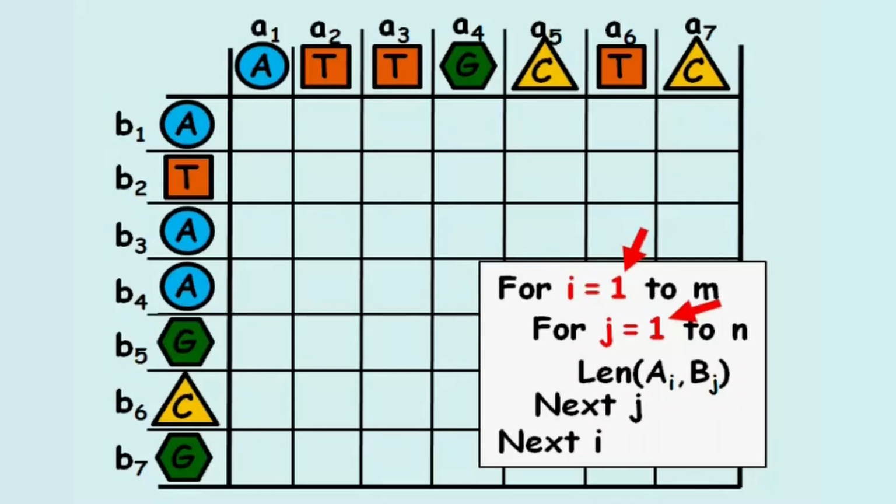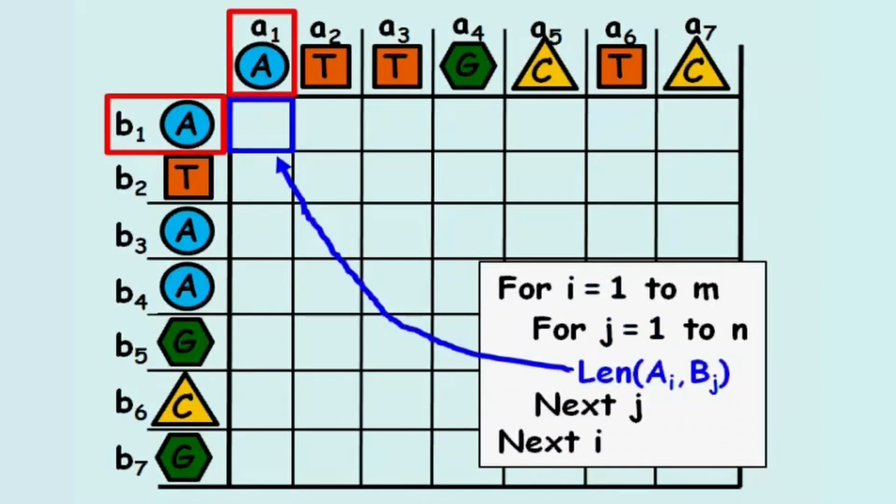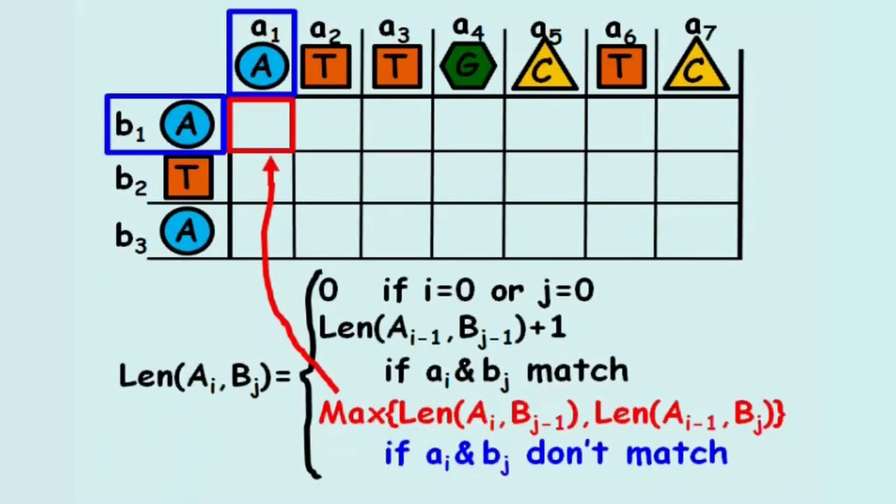Next, we'll determine the length of the longest matching string for A1, B1. Since adenine is not a matching base pair with adenine, then the longest matching string equals the maximum of length Ai,Bj-1 and length Ai-1,Bj.